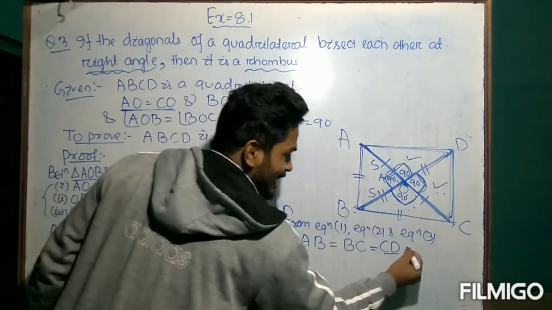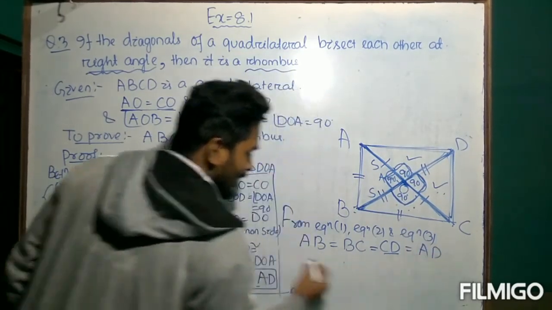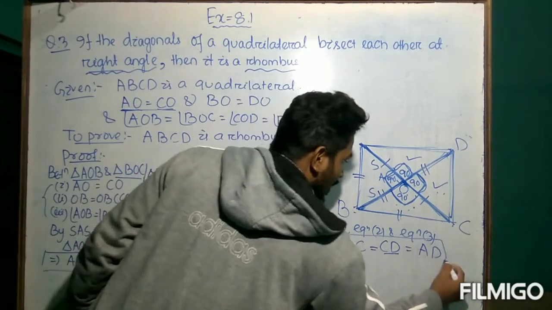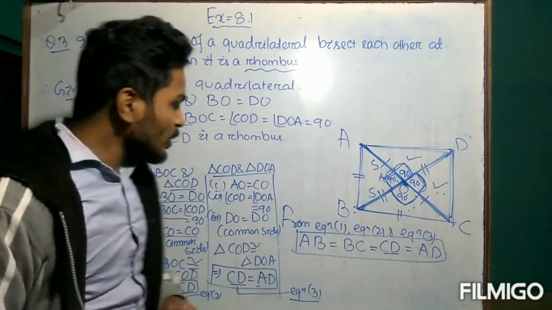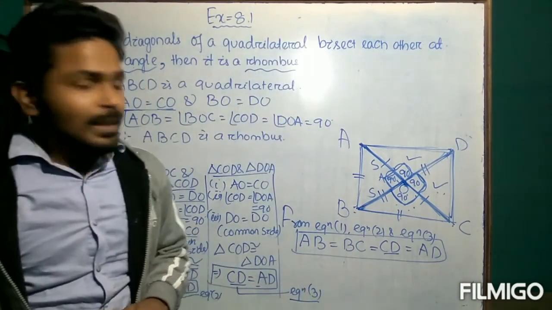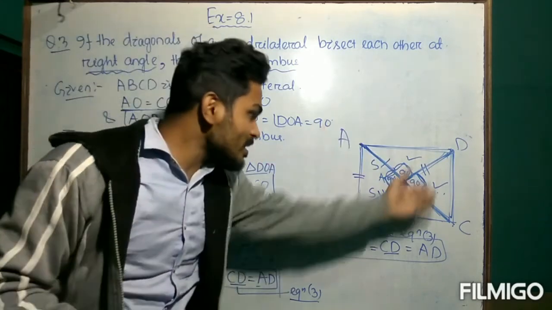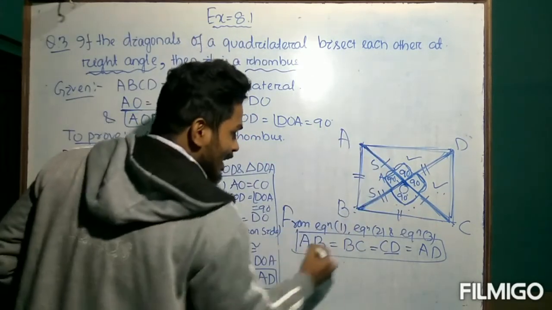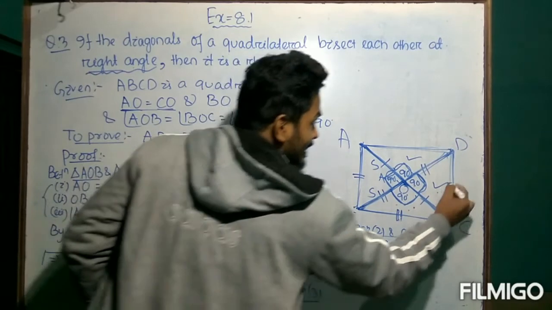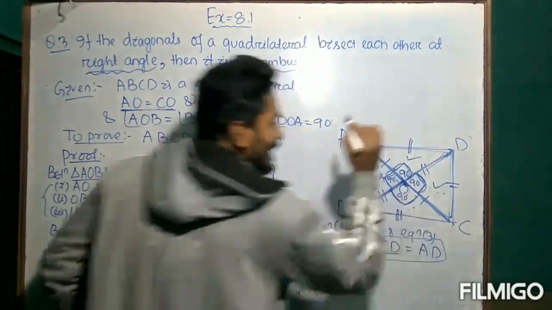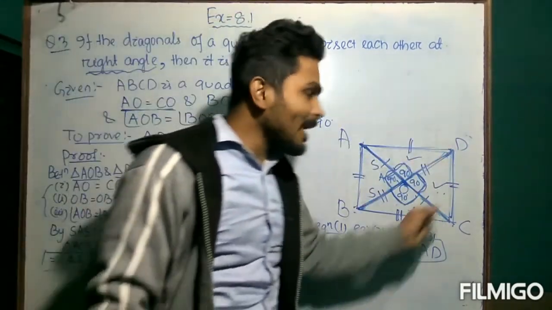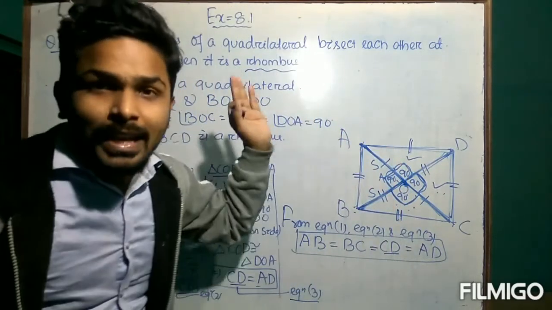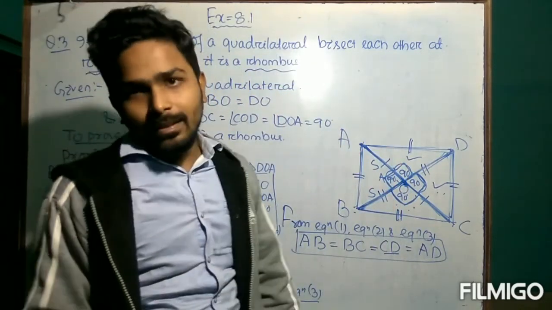This is the final conclusion we have found. So for this quadrilateral, AB is equal to BC is equal to CD is equal to AD. It means in this quadrilateral all four sides are of equal length.